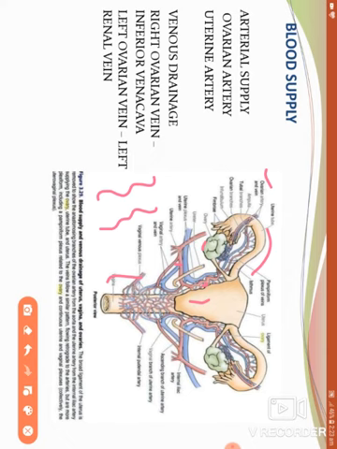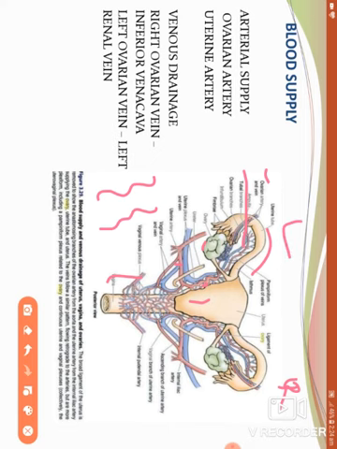Venous drainage is to the ovarian vein. See here, you can see the ovarian veins, there is the right and there is the left. This is the posterior view, this is the right, this is the left.